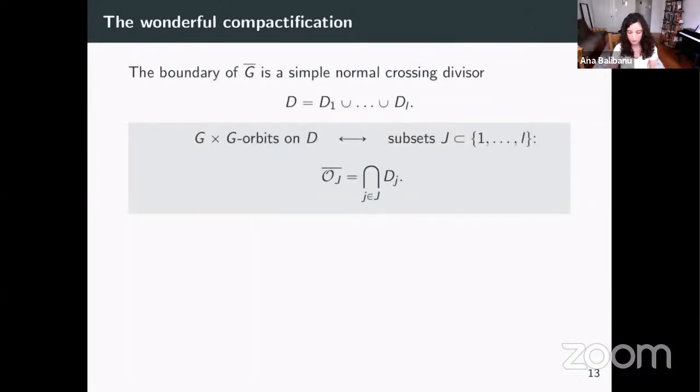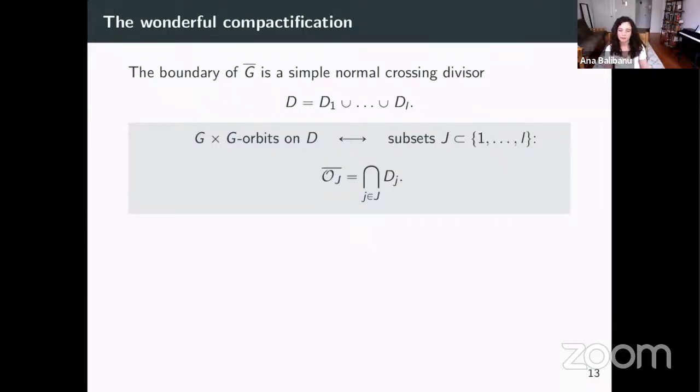So the boundary of this compactification is a normal crossing divisor where each irreducible component is smooth. And the group orbits on this divisor are indexed by subsets of the integers 1 through L, which you can think of as subsets of the simple roots, in the sense that the closure of the orbit indexed by J is the corresponding partial intersection of divisor components.